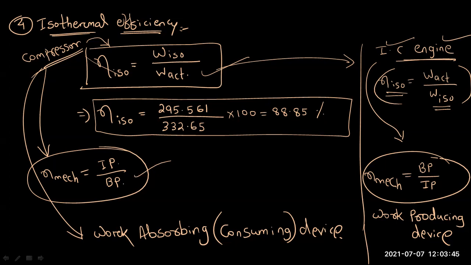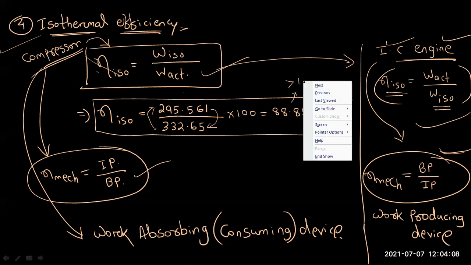Okay, so any one formula you remember for the engine, just reverse it, you will get the formula for the compressor. So carefully you have to apply the formula. Otherwise, if you keep this value in the denominator and this value in the numerator, then you will get an efficiency which is more than 100%.